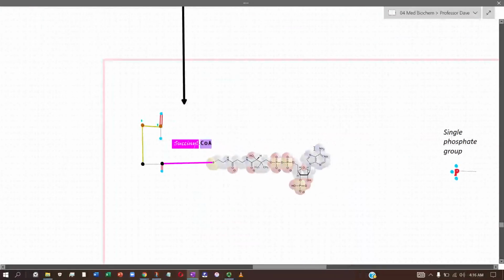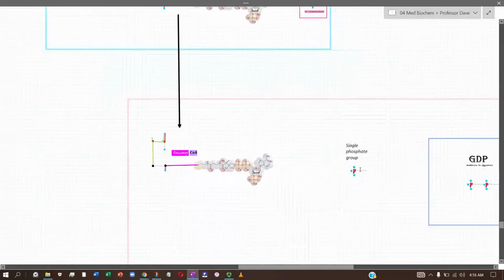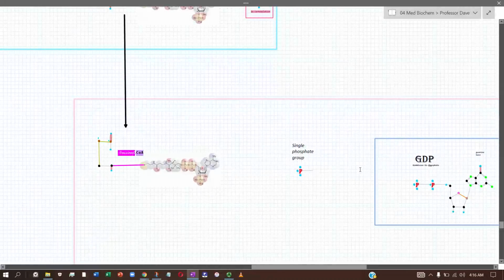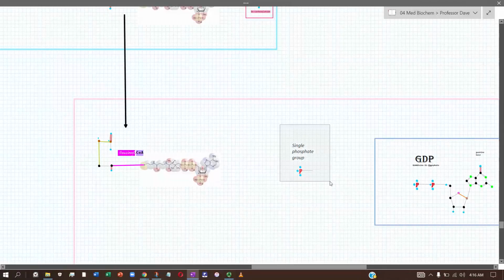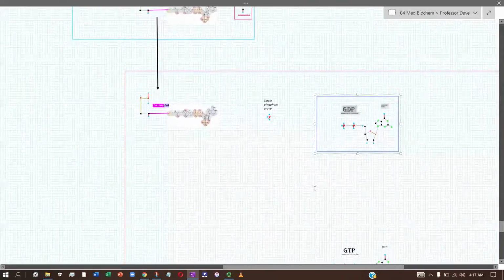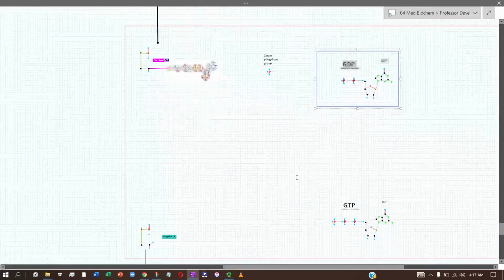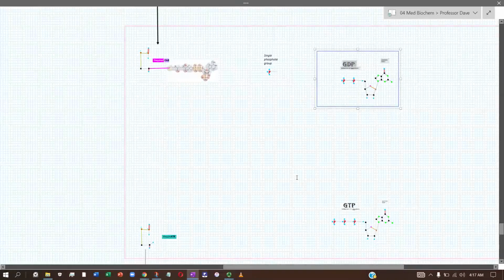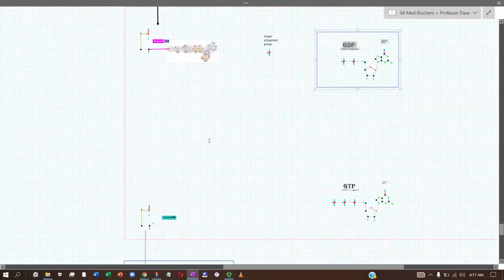Cool. So what happens next? Well, you have your succinyl-CoA, and within the matrix of the mitochondria, you have a single phosphate group, and you have a GDP, and there's a lot that goes on. It's kind of complex, and it's not worth running through the details.